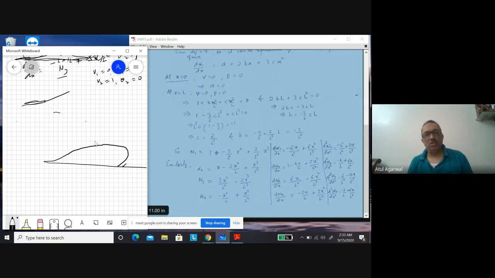So here the slope is 1. Our N4 is equal to minus x square by L plus x cube by L square. You need to plot it and see how it looks. Use some mathematical tools to plot it and let me know what results you get.